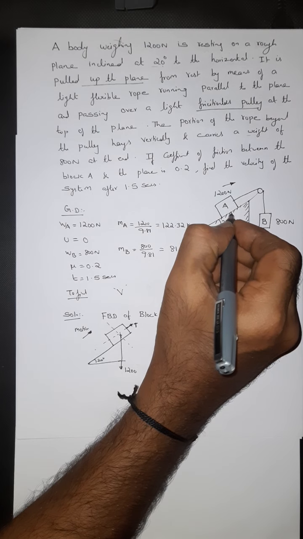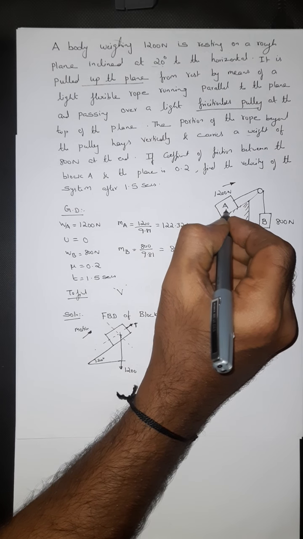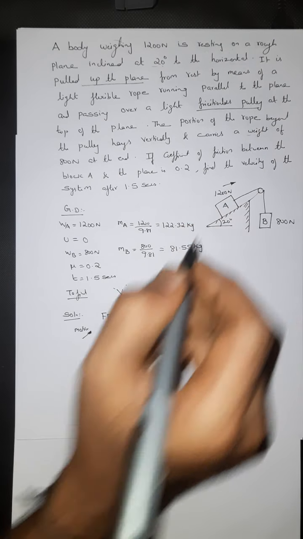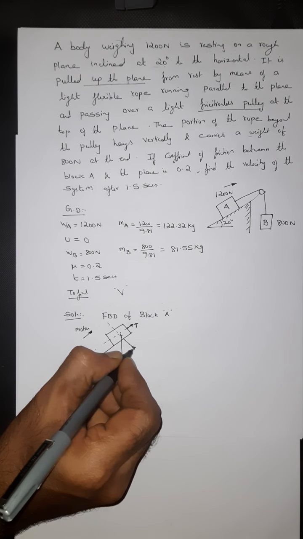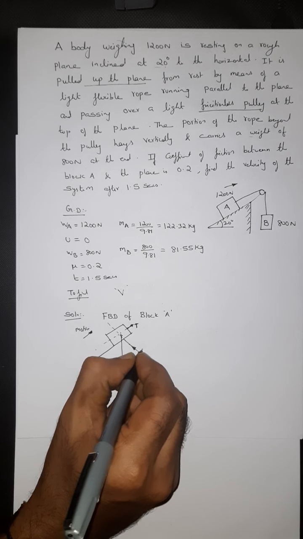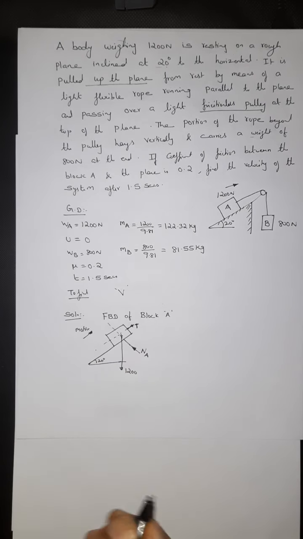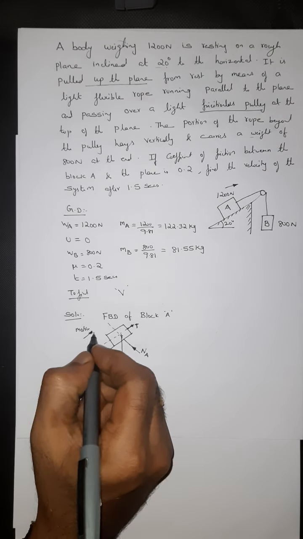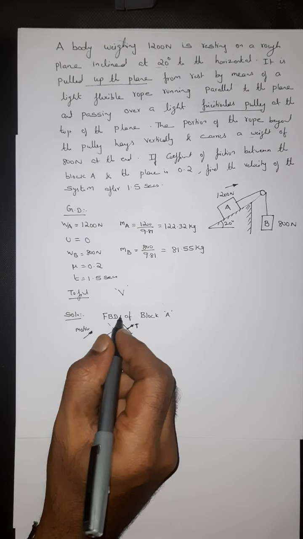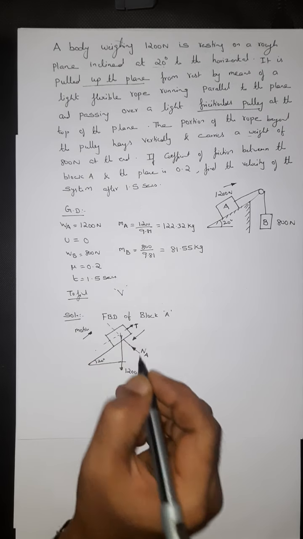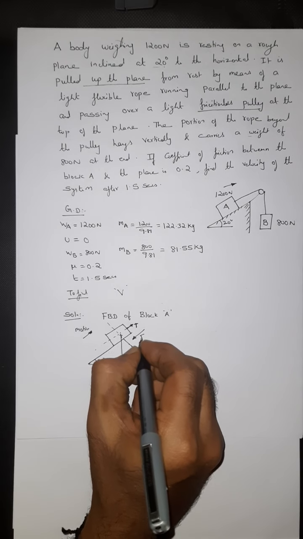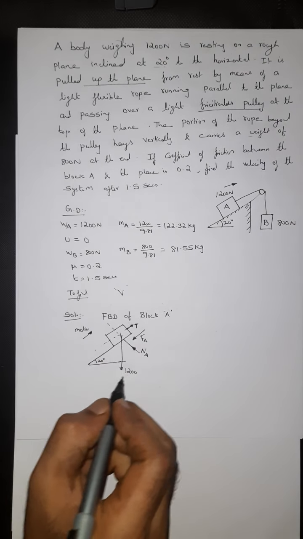Since the inclined plane and block A are in contact, there is a normal reaction, which can be written as NA. Since the body is moving up, the frictional force would be opposite to this, FA.